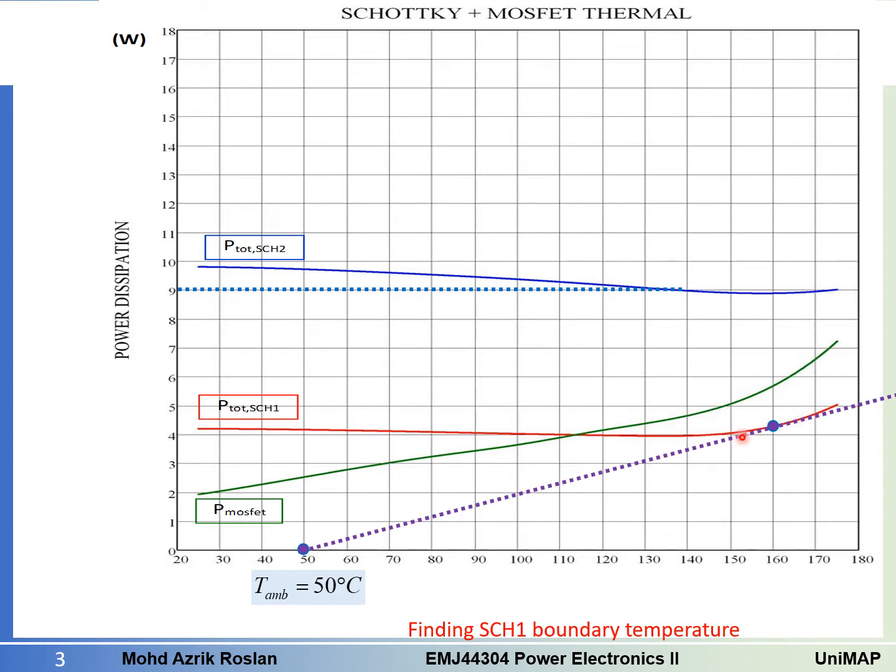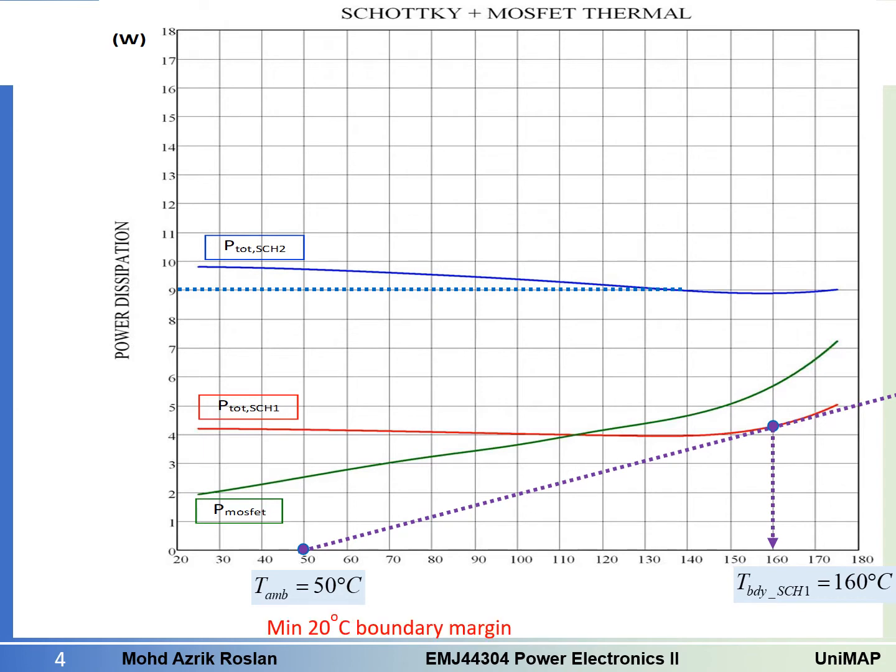If you say that this is the boundary because this is the point that touches one point of this curve, you would select 165 as your boundary temperature. For myself, I select 160 degrees C. So this is the boundary temperature for Schottky 1, which is 160 degrees C.